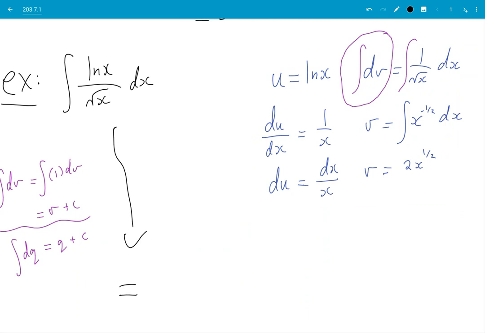So what do I got? I got u times v, which I typically write with the polynomial in front, minus the integral of v du.